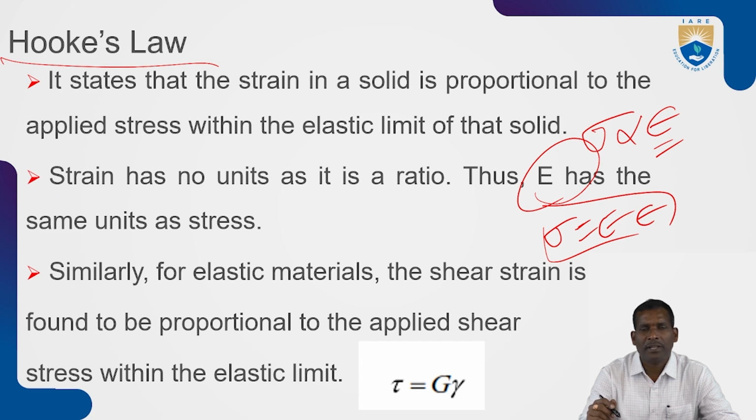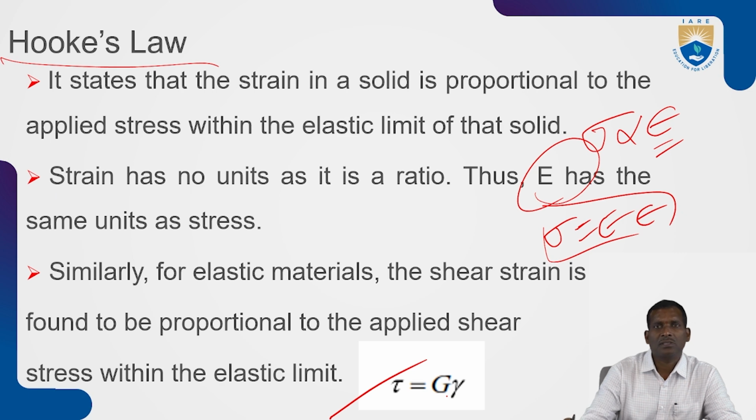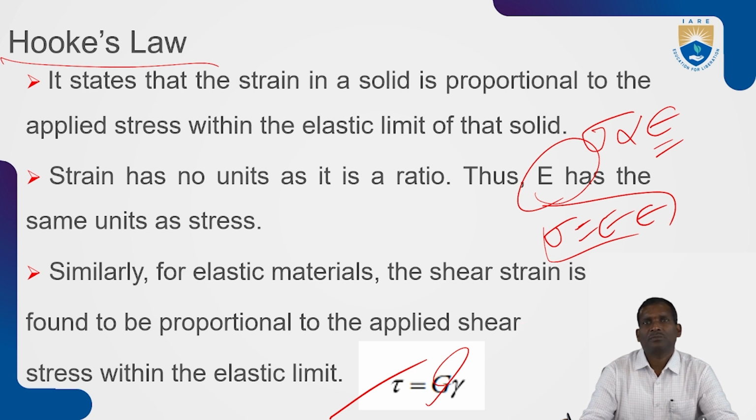Similarly, for elastic materials, the shear strain is found to be proportional to the applied shear stress within the elastic limit. Tau is equal to G gamma. G here is the shear modulus. E is Young's modulus.